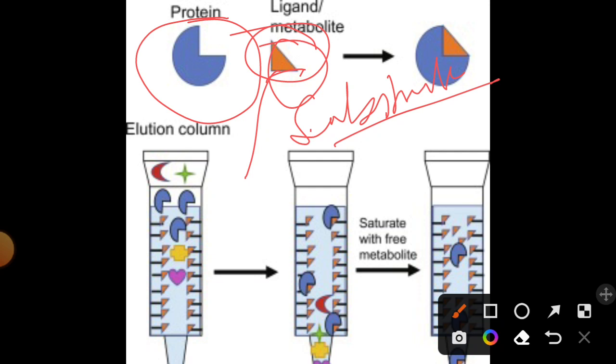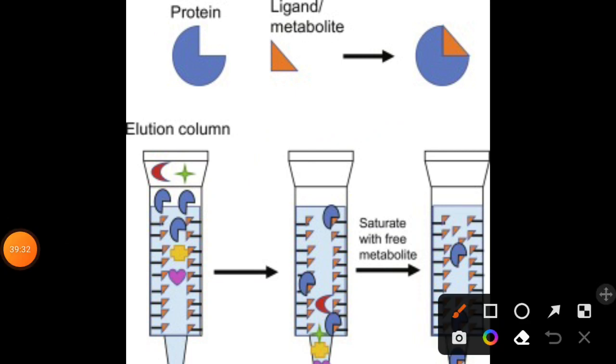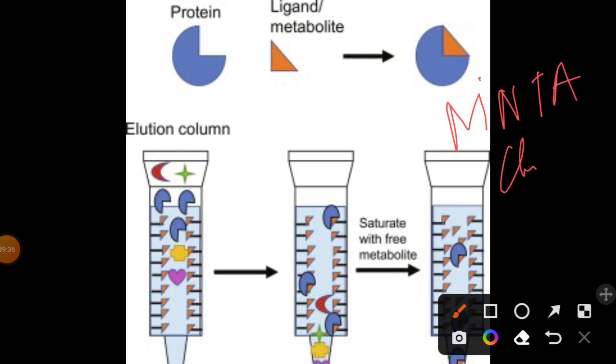That property we are using. For example, an interesting type of chromatographic technique is Ni-NTA chromatography, that is nickel nitrilotriacetic acid chromatographic technique. That is nothing but an affinity chromatographic technique.